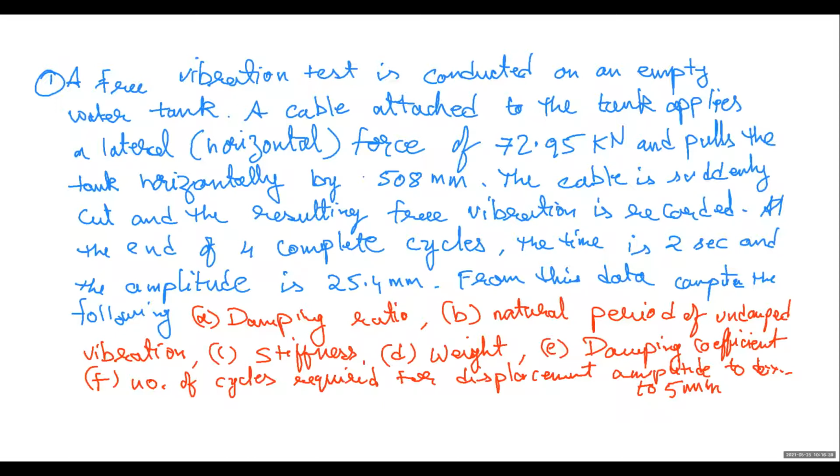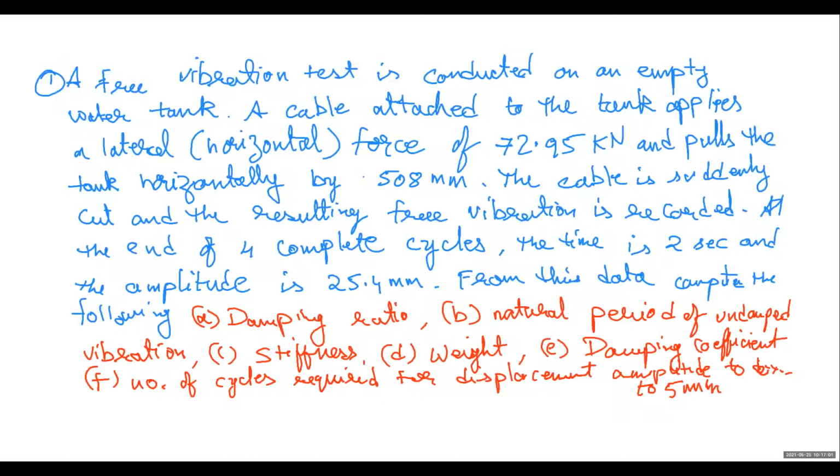From this data, you have to calculate damping ratio, natural period of undamped vibration, stiffness, weight, damping coefficient, and the number of cycles required for the displacement amplitude to decrease to 5 mm. Initially, after 4 complete cycles, it was 25.4 mm.